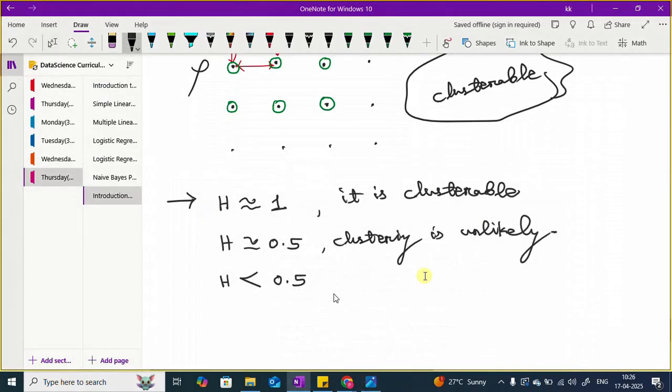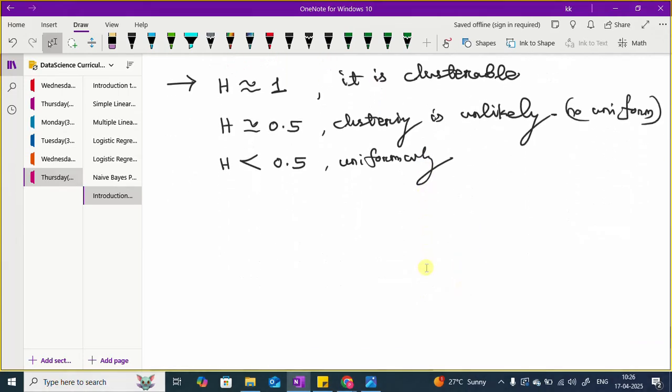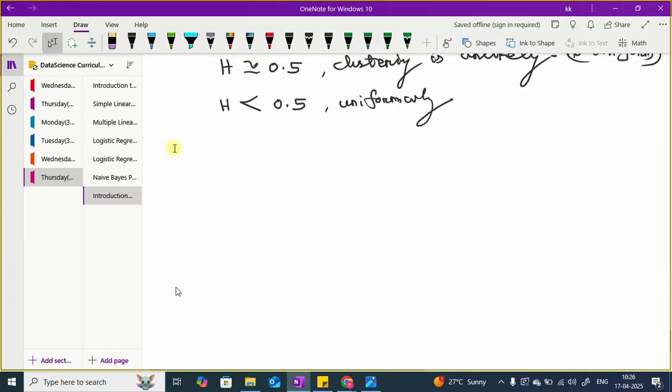But what do you mean by uniform? Guys, you might remember when I was talking about the Gaussian distribution in statistics.